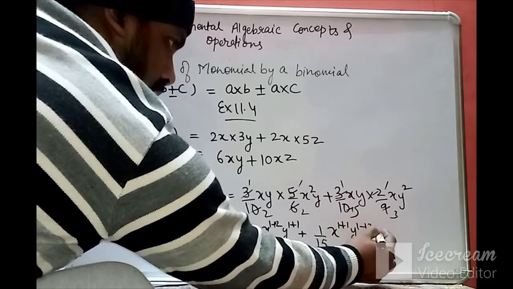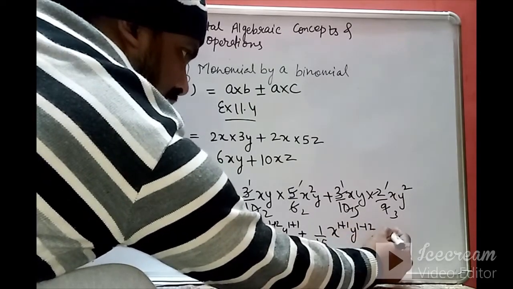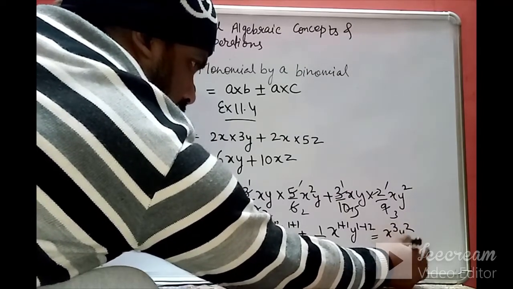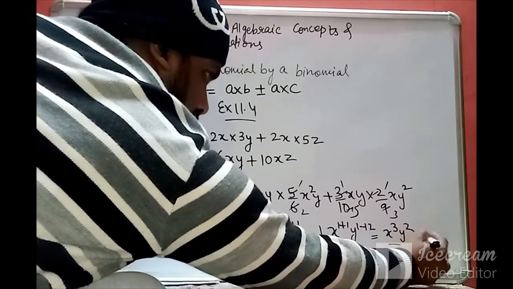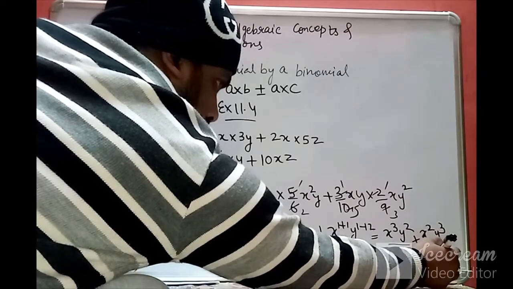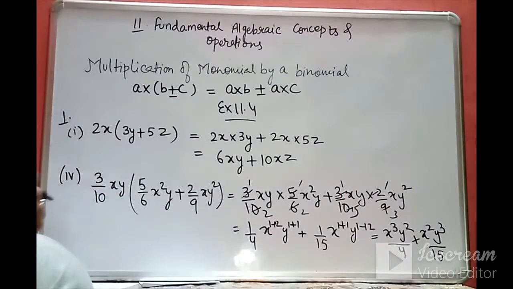So finally we will get x cube y square upon 4 plus x square y cube upon 15. Okay, so finally this will be our answer.